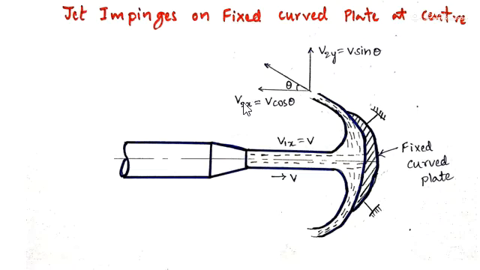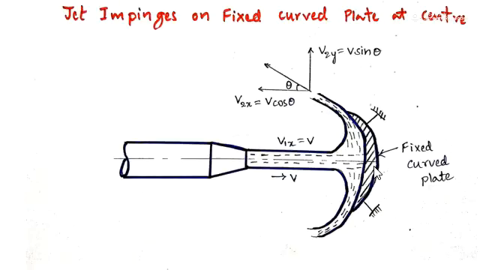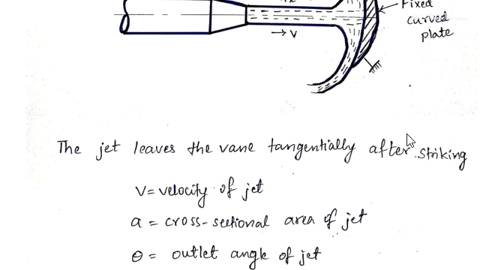That is the final velocity in the x direction, which we are taking as v2x, and that will be minus v cos theta, because this component is the cos component. The negative sign indicates that this v cos theta is in the negative x direction.